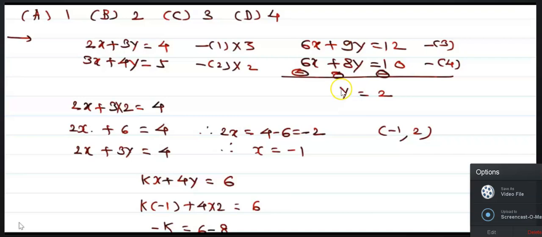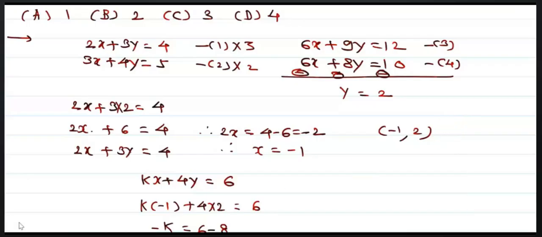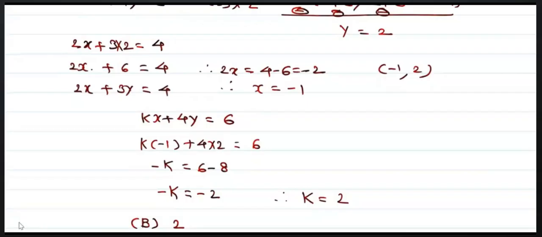And the value of y is 2. Therefore, substituting 2 you will get x is equal to minus 1. And after substituting x is equal to minus 1 and y is equal to 2, you will get k is equal to 2. And option B is correct.